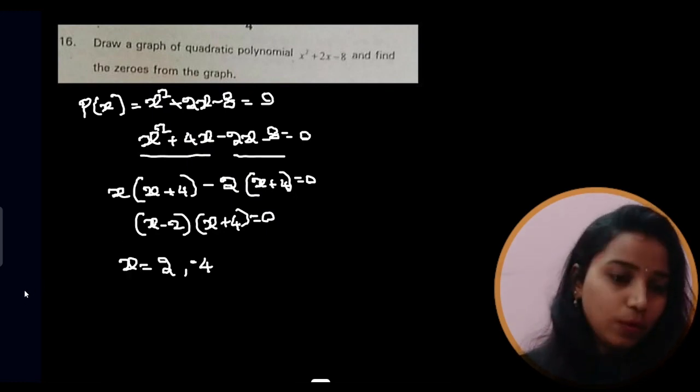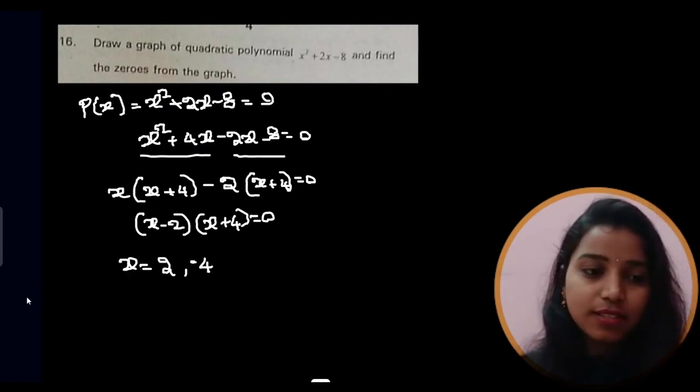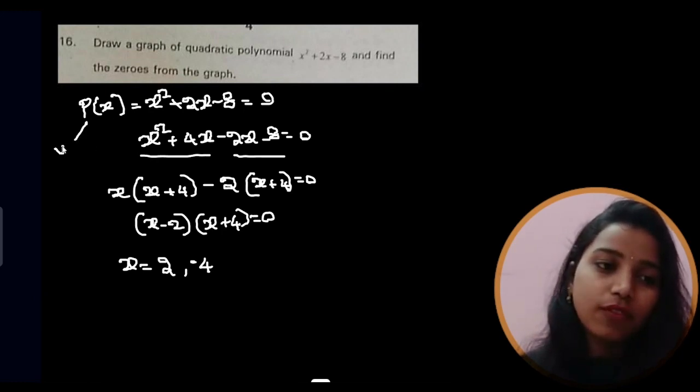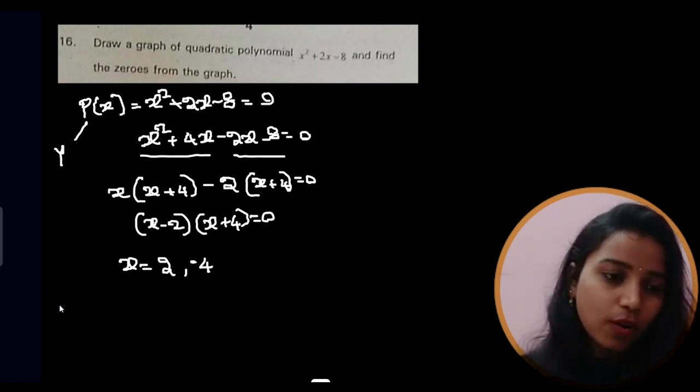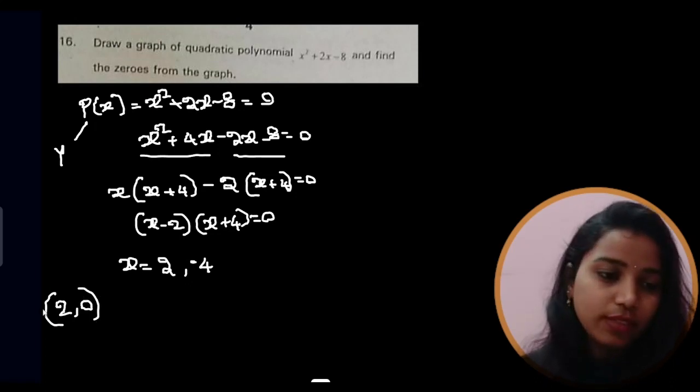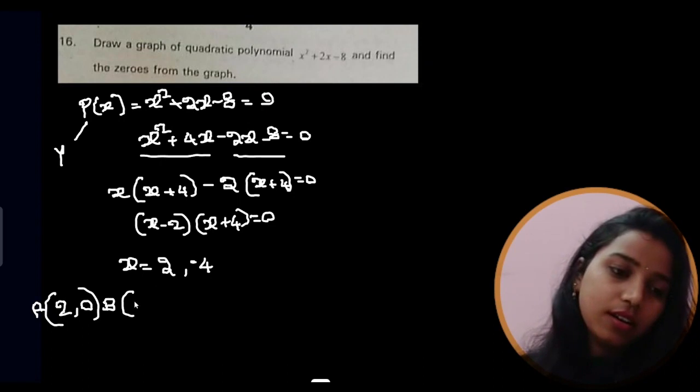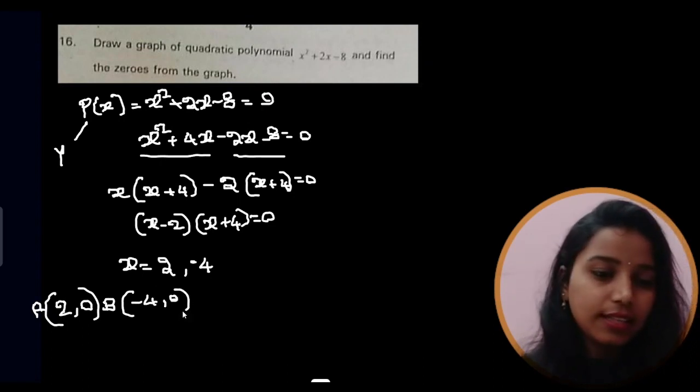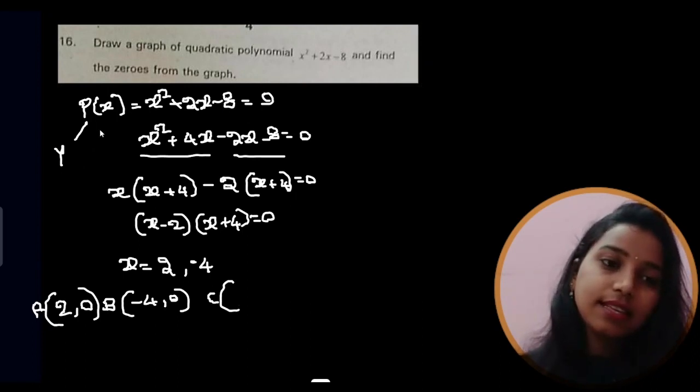Got it? So when y is equal to 0, I can take p as y, right? So here I got points: if x is equal to 2, then p of x is equal to 0. This is one point. Another point is, if x is equal to minus 4, then in this case also it is 0. Then what if x is equal to 0?